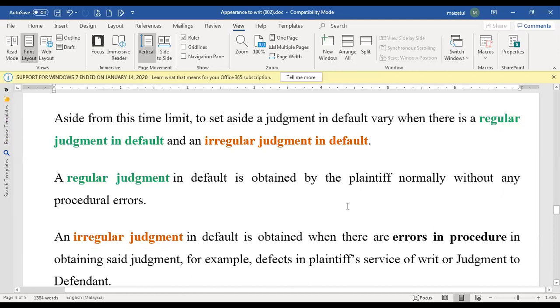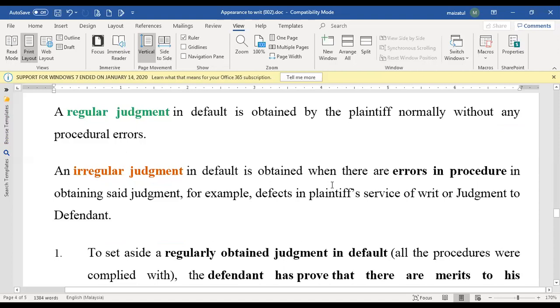Okay. An irregular judgment, on the other hand, is obtained when there is an error in procedure in obtaining the judgment. For example, there are defects in the service of the writ or judgment on the defendant. For example, you serve the defendant at a registered address, without knowing what the latest registered address is.